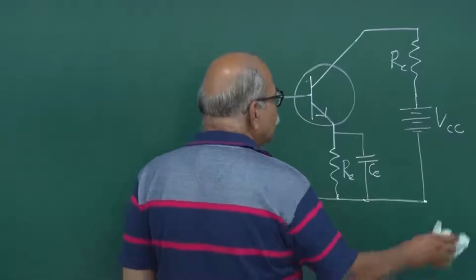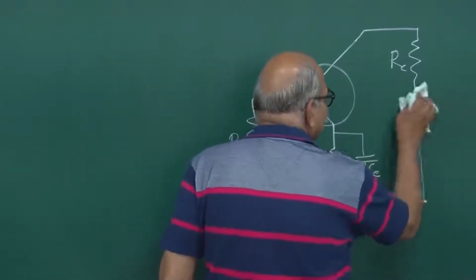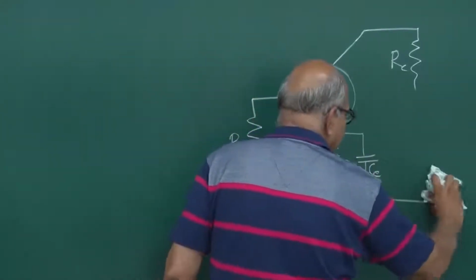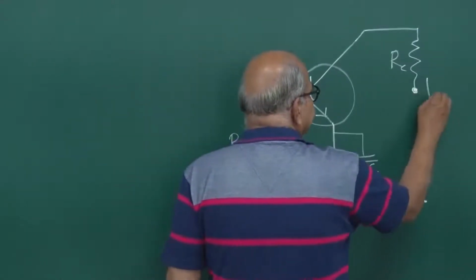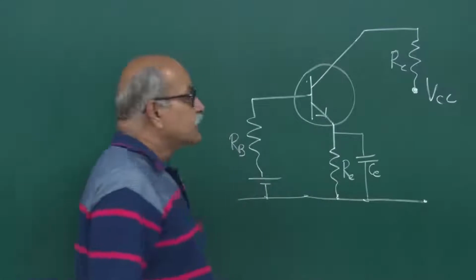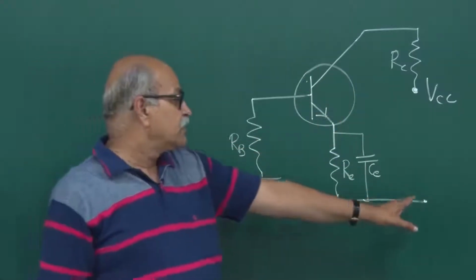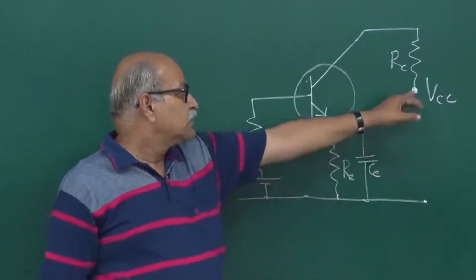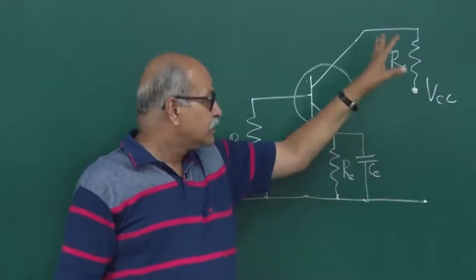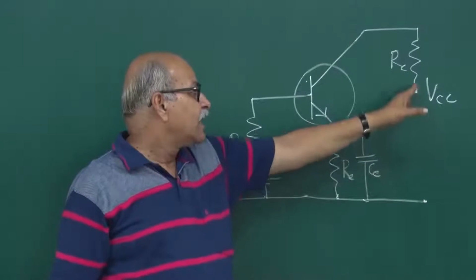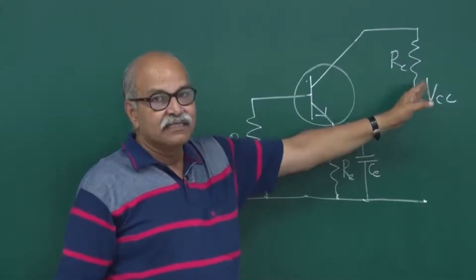So you can just remove all these things from here, and if you just write that this point is VCC, it serves. It tells me that with respect to this ground, this point is at this potential. So a battery is connected between the ground and this VCC.